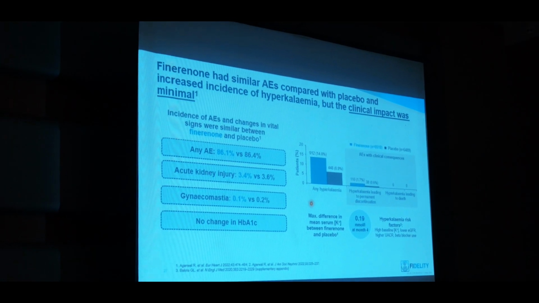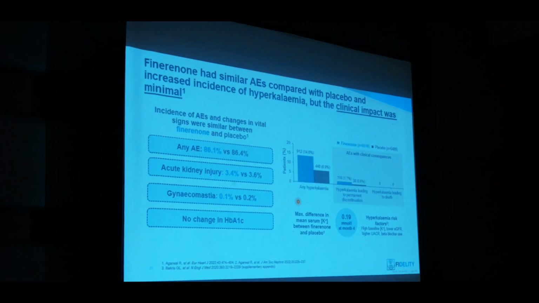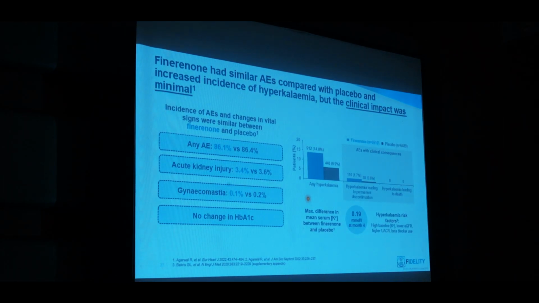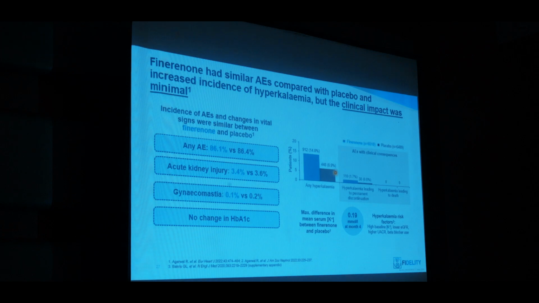Now talking about the adverse effects, which is a major thing to look for because with other molecules like spironolactone and eplerenone there was a high risk of hyperkalemia. You can see that hyperkalemia was seen in 7% in the placebo group and 14% in the finerenone group. But hyperkalemia leading to permanent discontinuation of the drug was seen in only 1.7% of patients as compared to 0.6% in the placebo group.